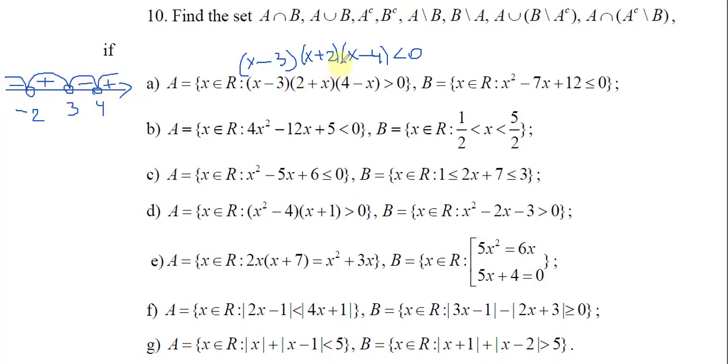Because we have only odd powers here. And less than 0 means x belongs to from minus infinity till -2, and from 3 till 4. This is the first one, the A set. And now the B set. Here we need to factorize it.